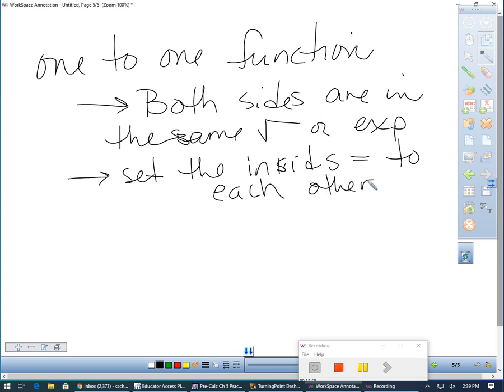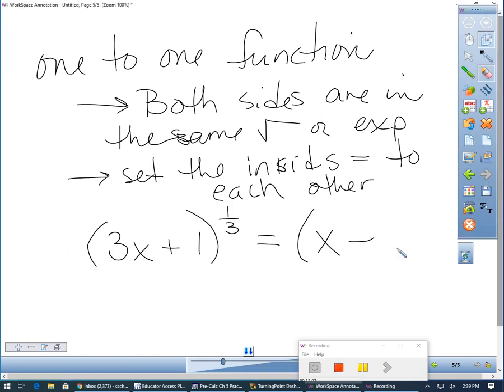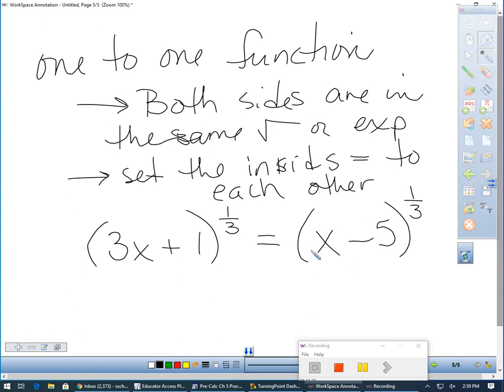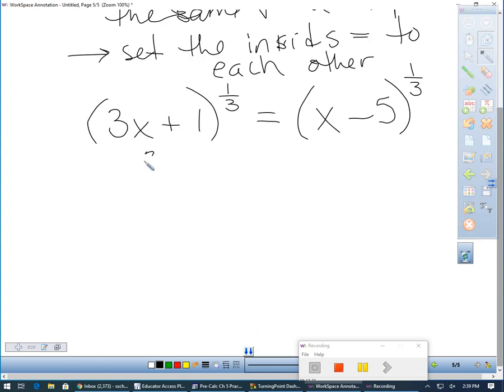So what I mean is, if I have, for example, 3x plus 1 raised to the 1/3 power equals x minus 5 to the 1/3 power. See how both sides have the exact same exponent on it, right? So that means it's a one-to-one function. We can take what's inside here has to be equal to what's inside here. So we can set them equal to each other. So we can just say we have 3x plus 1 equals x minus 5. And then we solve for x.